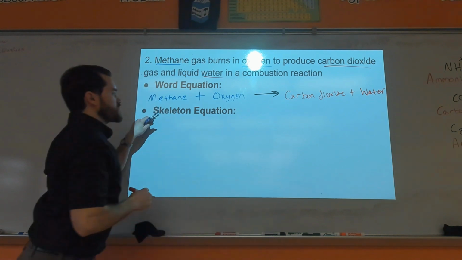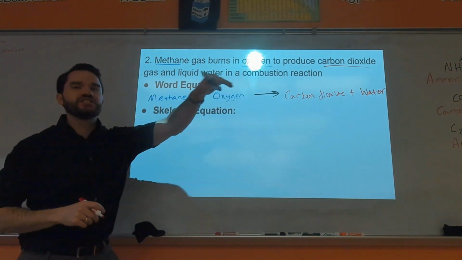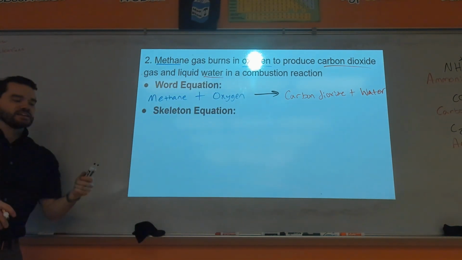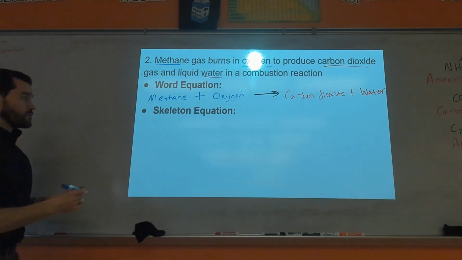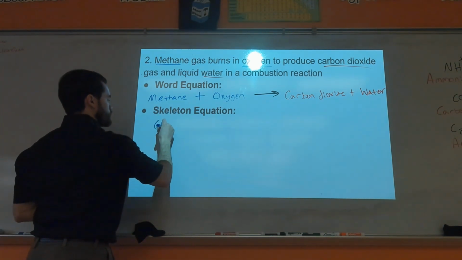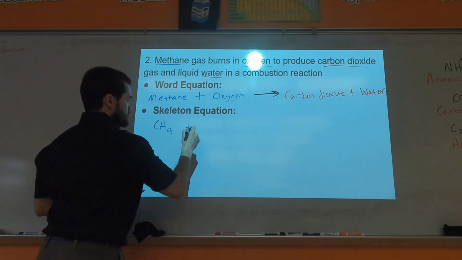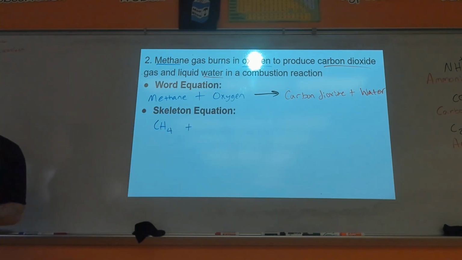All right, then the skeleton equation is the chemical formula for each of those. So what is the chemical formula for methane? CH4, good. That's one of those you got to memorize. Chemical formula for oxygen.